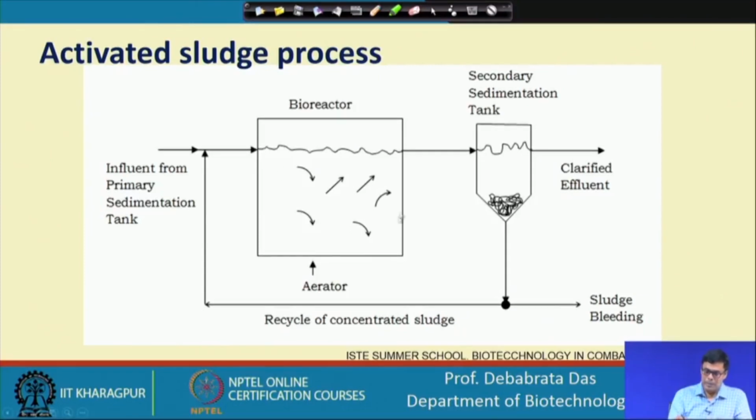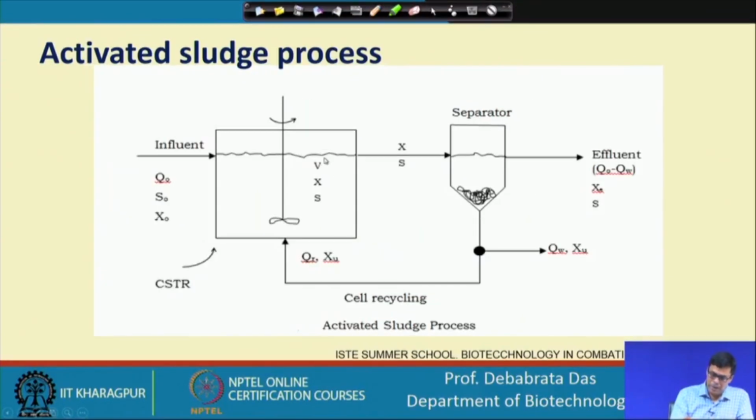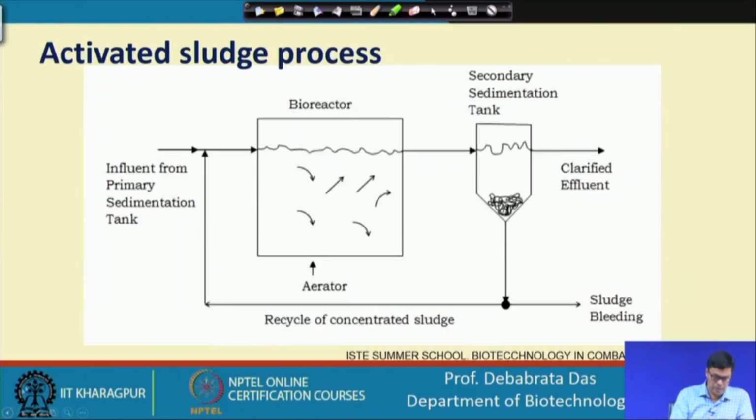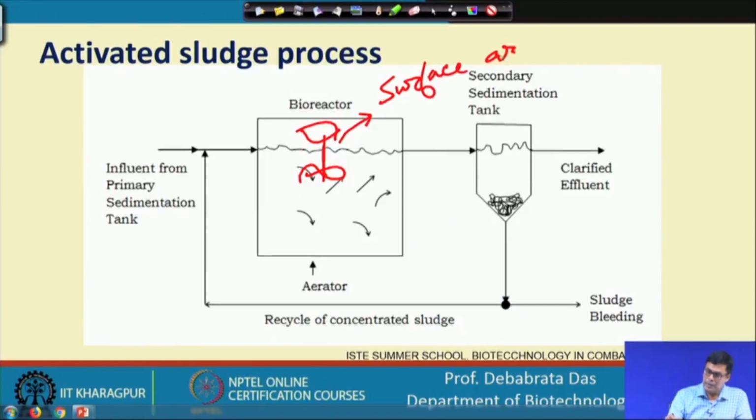This is the activated sludge process, where we do a little bit of aeration. How do we do the aeration? Here at the top, we use some kind of surface aerator. What do you mean by surface aerator?